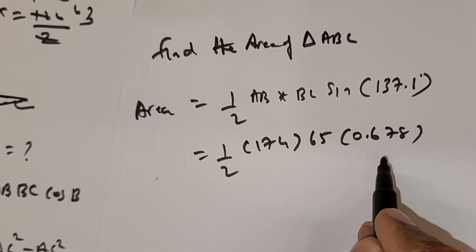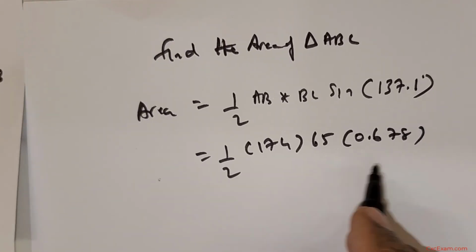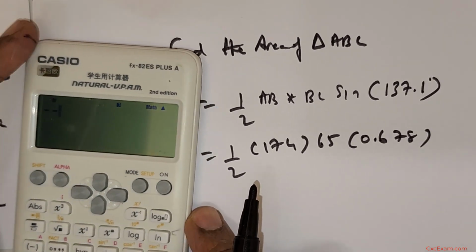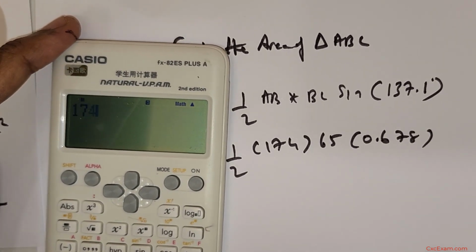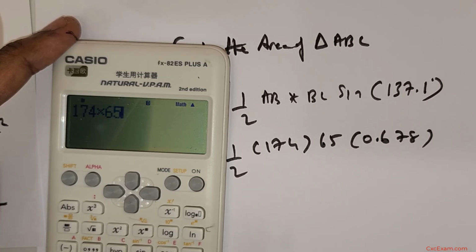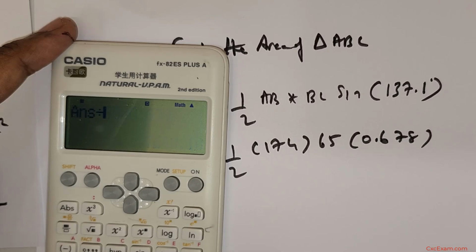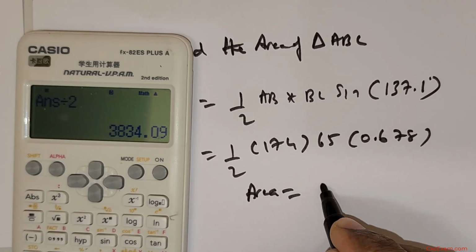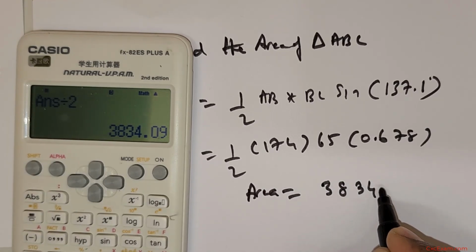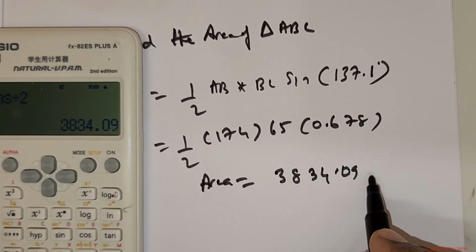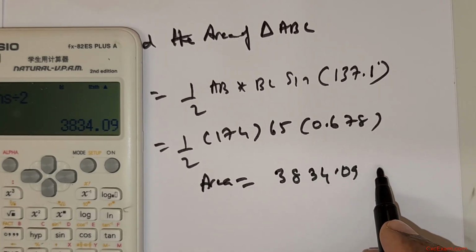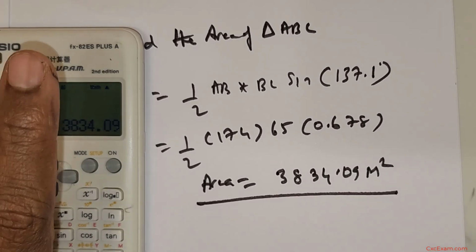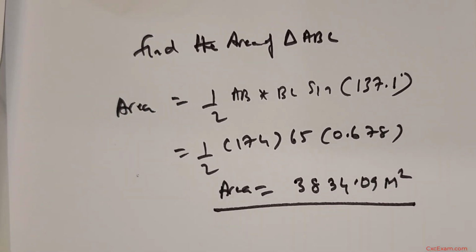It's just an approximate value, and you multiply everything. 174 multiplied with 65 times 0.678. That has to be divided by 2. So area is 3834.09 square units. Everything is in meters, right? So meter squared. So that's a solution for this question.